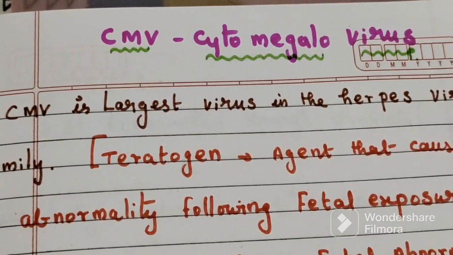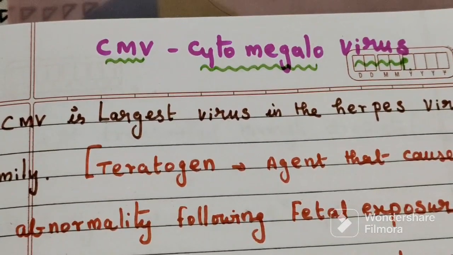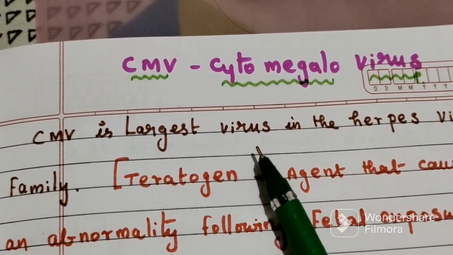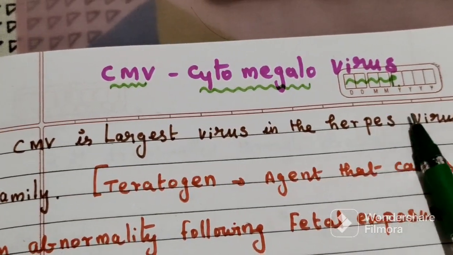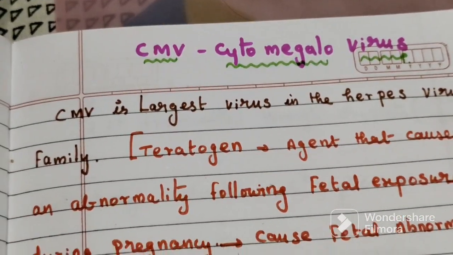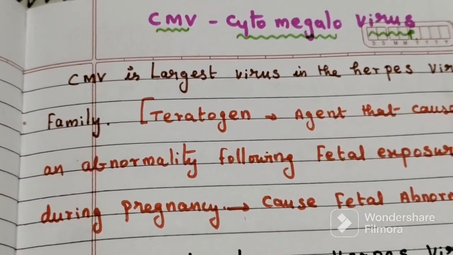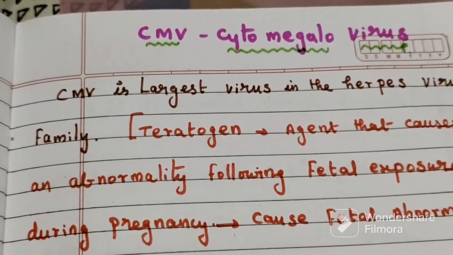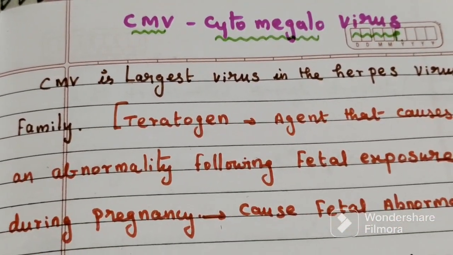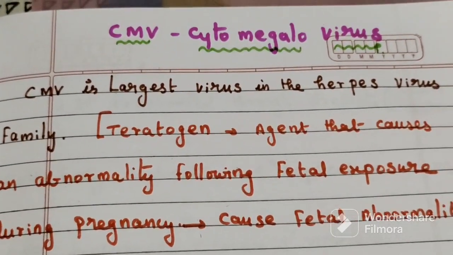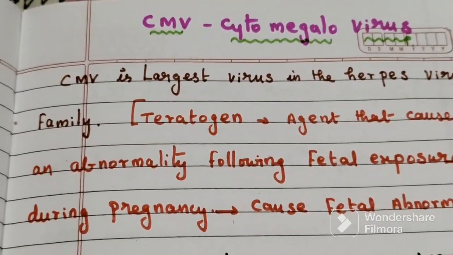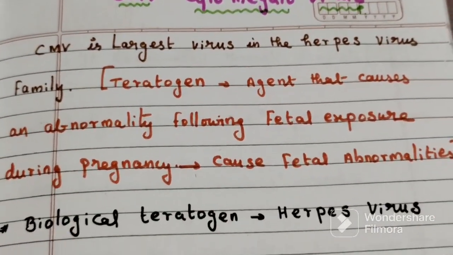Now we'll discuss Cytomegalovirus. Cytomegalovirus is the largest virus in the herpes virus family, 150 to 200 nanometer in size. Here we are using one term, teratogen. What is a teratogen? A teratogen is any agent that causes an abnormality following fetal exposure during pregnancy.